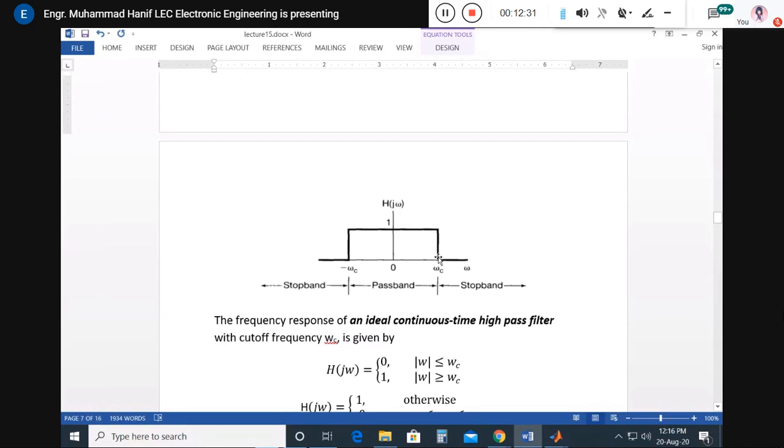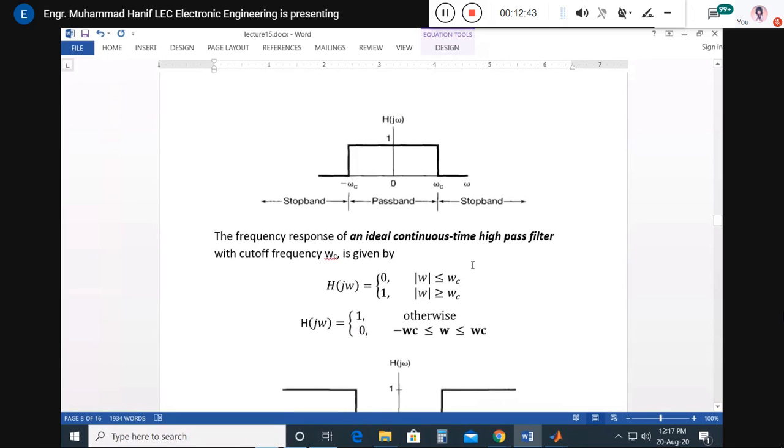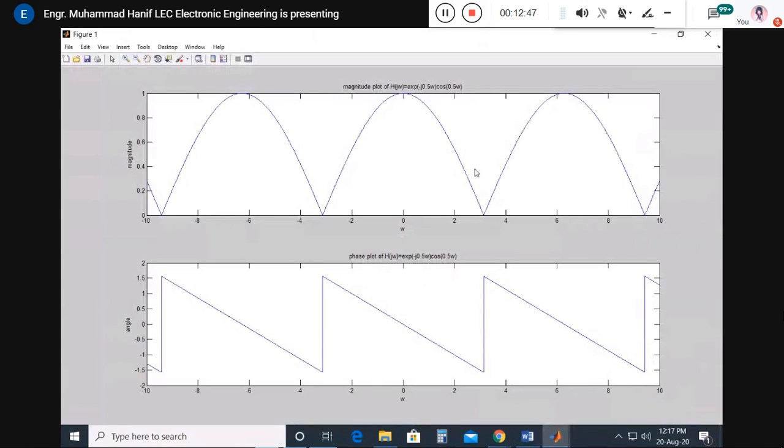So omega c पे जो frequency, उसका amplitude maximum है, omega c के बाद उसका amplitude 0 है. So in this ideal case transition bandwidth is 0. जबकि practically, इस figure को अगर आप देख लें तो इसमें आपके पास जो transition curve है, it is a smooth curve, it's not a straight line.